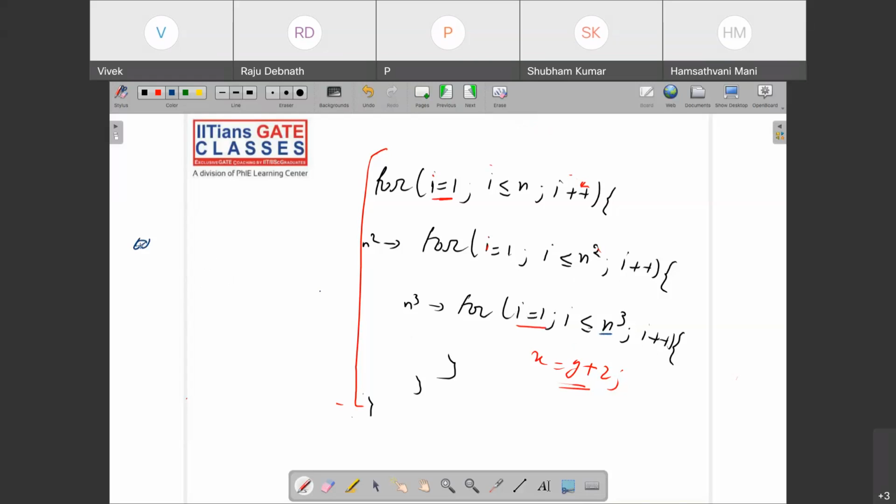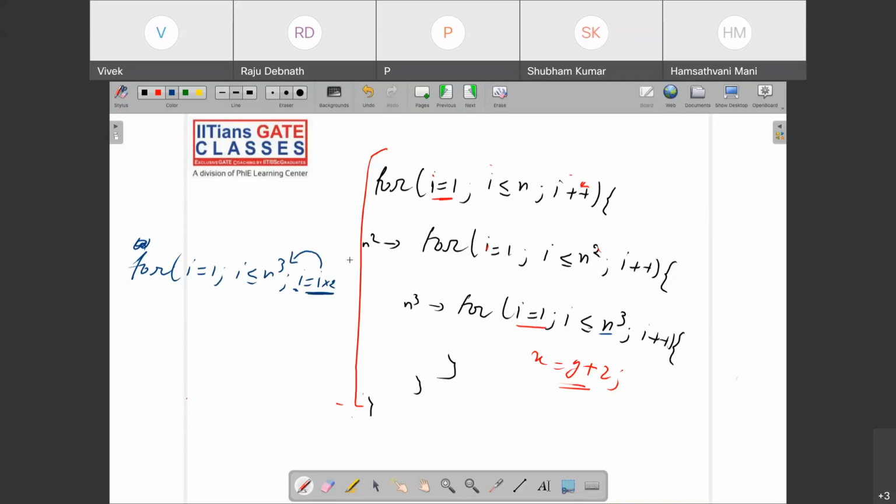For example, if you do for i equal to 1, i less than or equal to n cube, i plus plus, and instead of i plus plus, I did i equal to i multiplied by 2, then I'm trying to reach this n cube exponentially, as soon as possible.